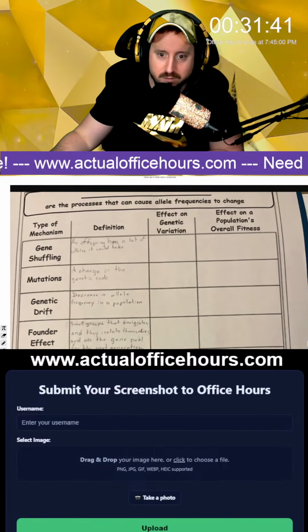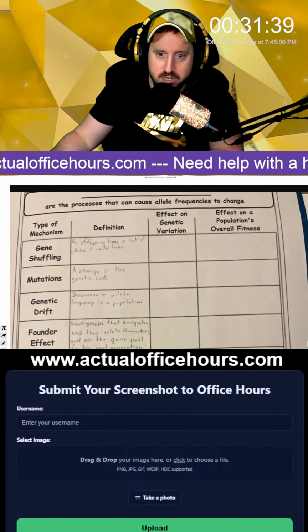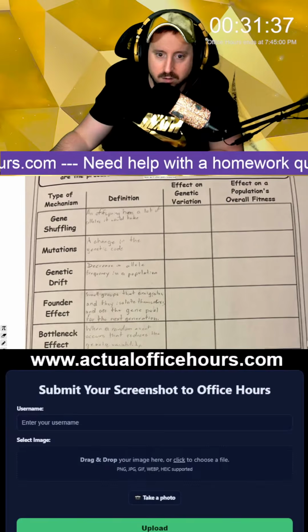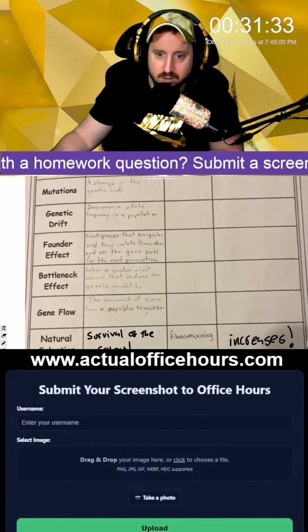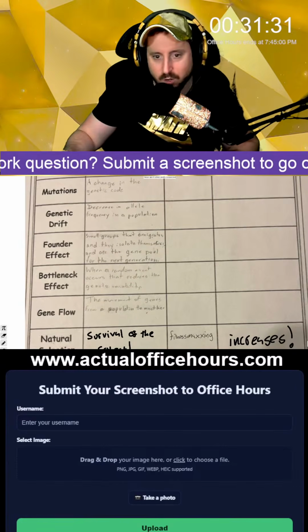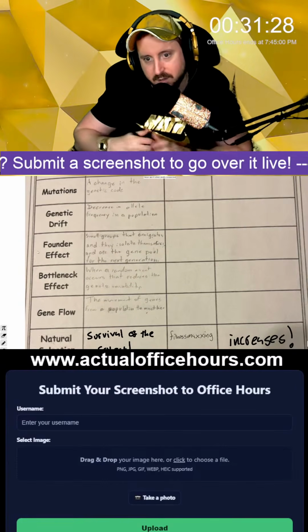All these other things are kind of fun. Mutations, gene shuffling, genetic drift. Founder effect, this is where islands come into play, I think.